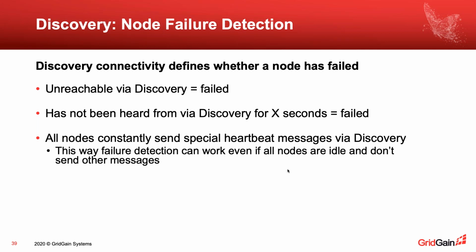And this way, we can always say that all nodes are sending messages to each other. All nodes are hearing from other nodes all the time. And if we can't send a message to some node, or if we don't hear from a node, then something is not right.